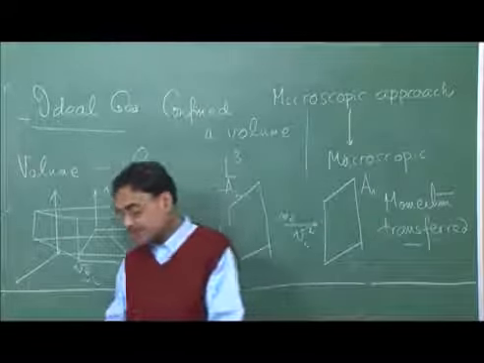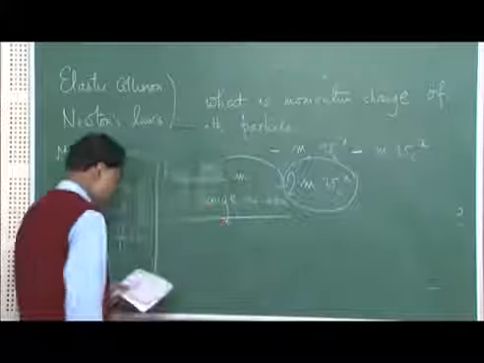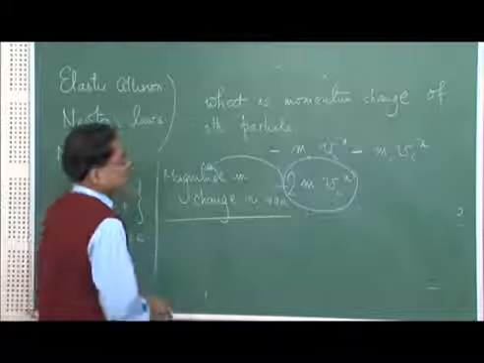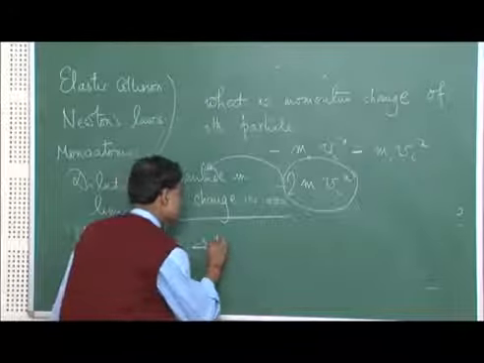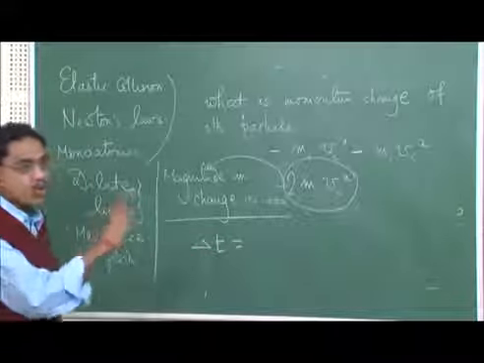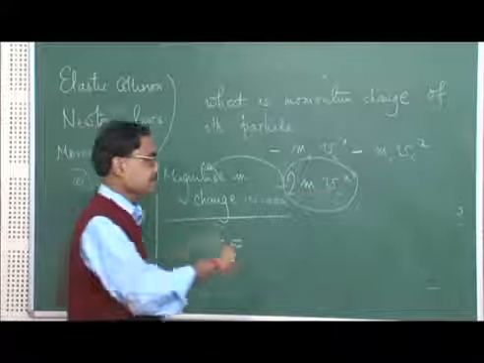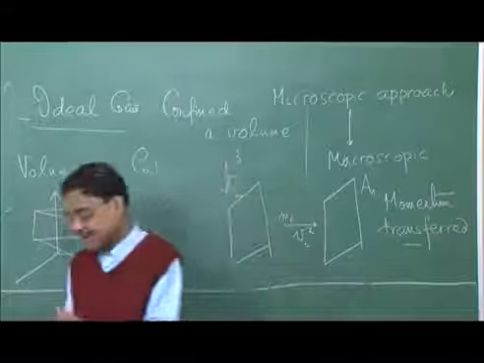You can ask me the question, how many times does it hit over a time interval, let us say delta t? Remember the velocity remains the same throughout, it is the Vi x component I am interested in. So, it is Vix.